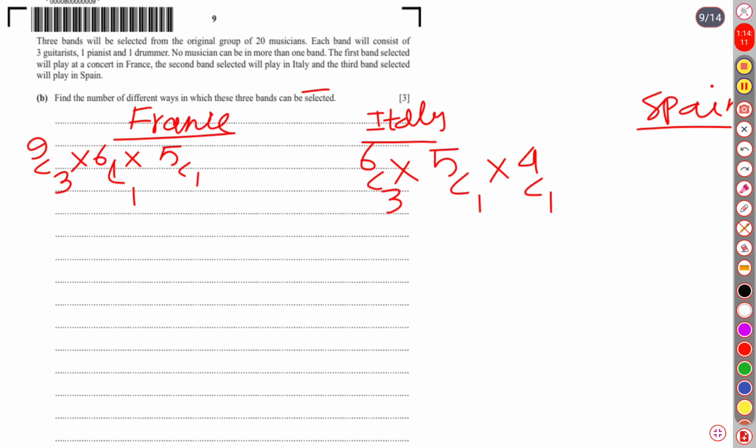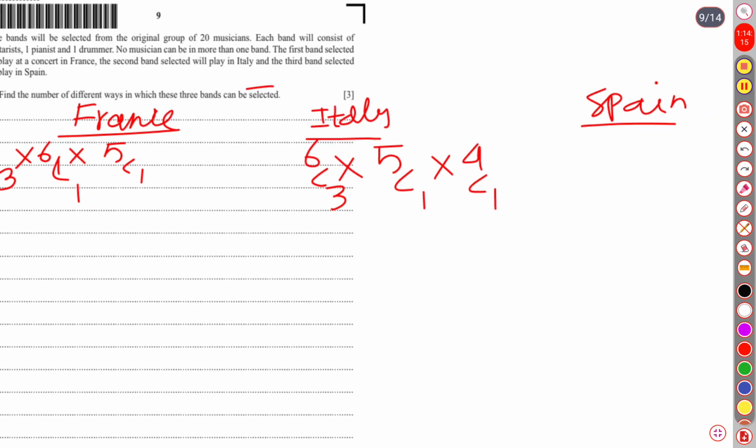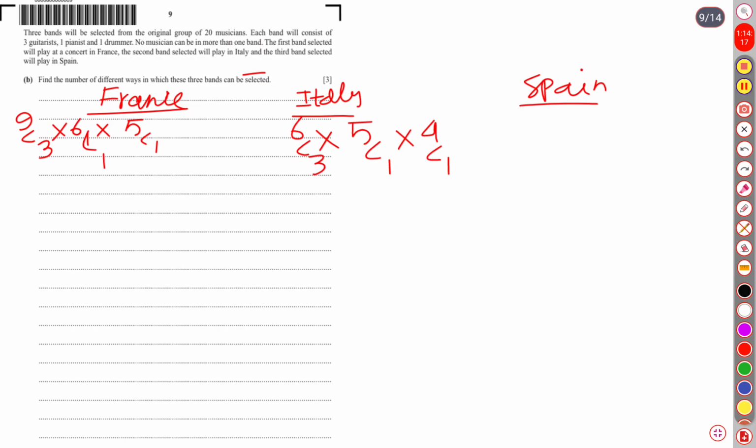Next, for Spain. For Spain, similarly, let us see how many of the musicians are left to be selected here. Total 6 guitarists have gone away, so there remains only 3. 3 choose 3.